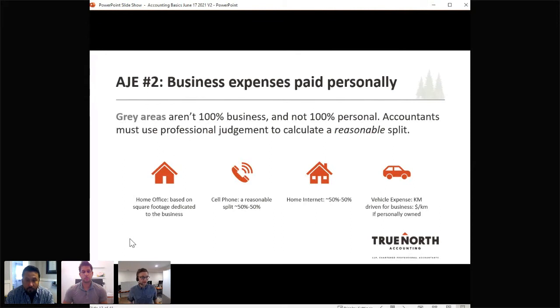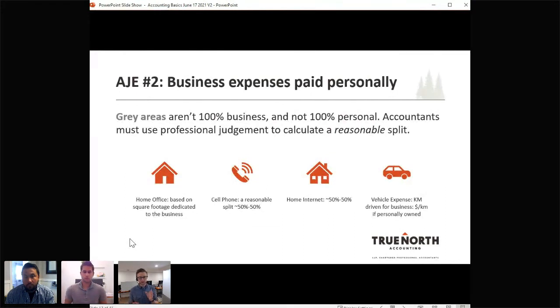Another one is cell phone. Most people just have one cell phone, and the use varies, how much is business and how much is personal, but typically most people use it for both. Everybody would love it to be 100% business, but they're still going to sometimes have their hockey pool or text their friends, text their wife, or kids, whatever it is.